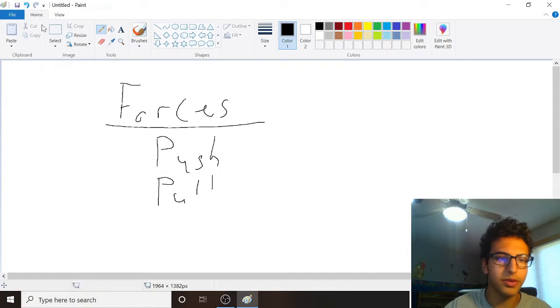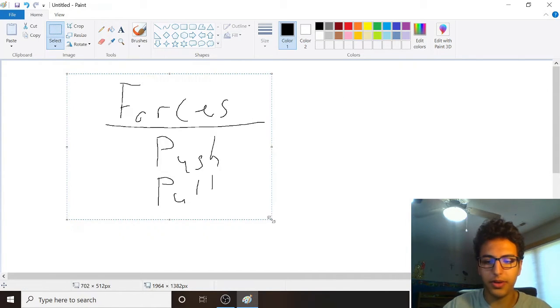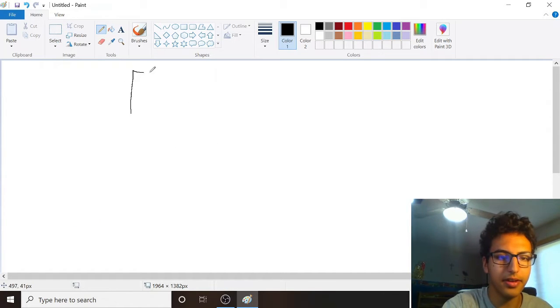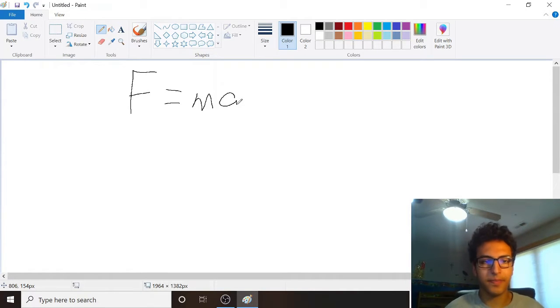So, what is a force in physics? Well, I hope most of you would be familiar with Newton's second law, and that states that F equals ma. Okay, and we can look at the components here. Force is what we're trying to analyze. What about mass? Well, it's a scalar.